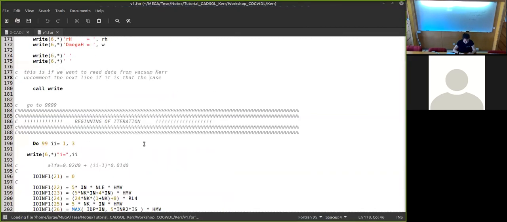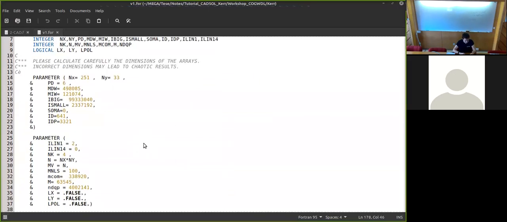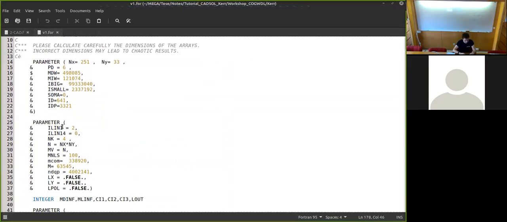Then we have the file that we will change, and here is where we put everything that you computed so far. You start by defining some parameters for the solver. There are a lot of them. I'll just mention some which are a bit more important. The first two are the number of points in the grid in the x and the y direction.